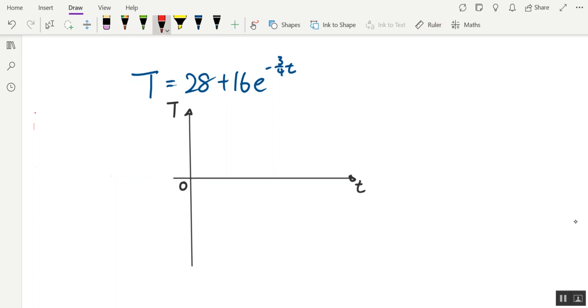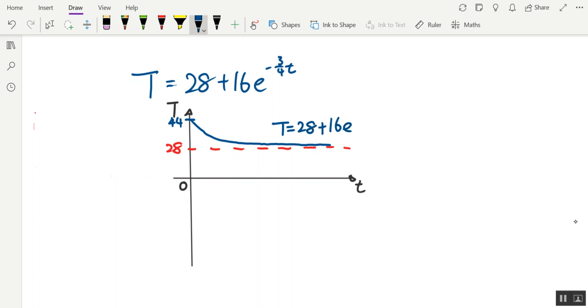Okay, there is an asymptote at 28, so use a dotted line to draw 28. And what's the initial temperature? The initial temperature is 44. So I go very close to 28 as time goes by. This is the graph for T equals 28 plus 16e power negative 3 over 4t.